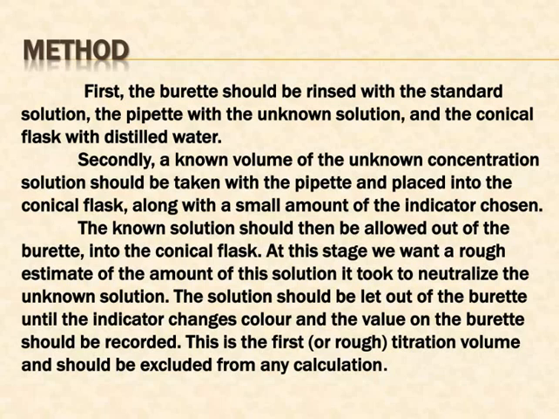At this stage, we want a rough estimate of the amount of this solution it took to neutralize the unknown solution. The solution should be let out of the burette until the indicator changes color and the volume on the burette should be recorded. This is the first titration volume and should be excluded from any calculations.